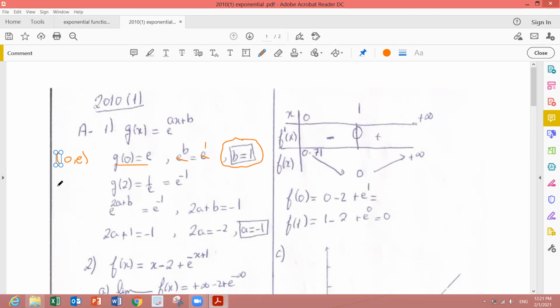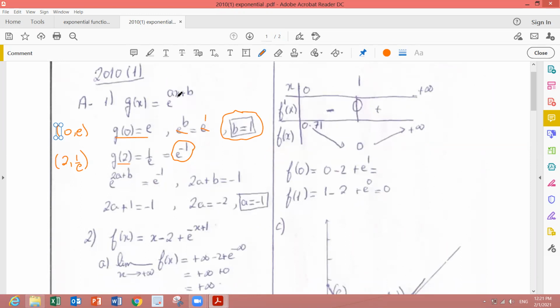Second point, what was our second point? It is (2, 1 over e). It means that g of 2 equals 1 over e. We can write it as e to the power minus 1.